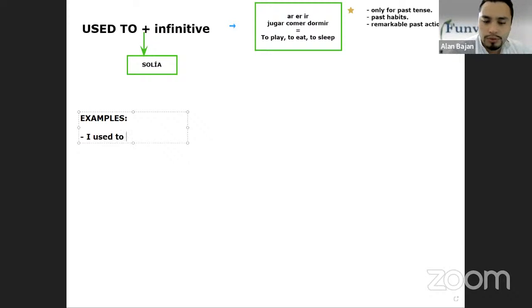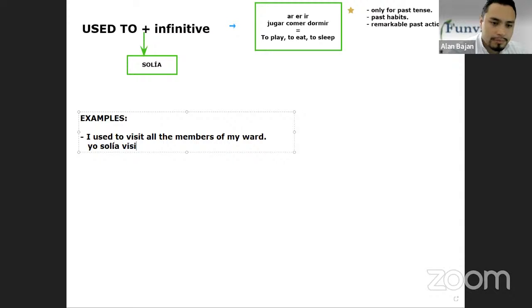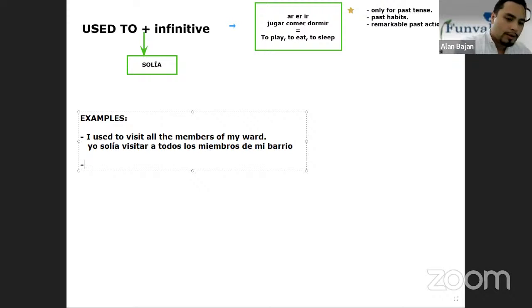I used to visit all the members. I used to visit all the members of my ward. She used to dance in every party.